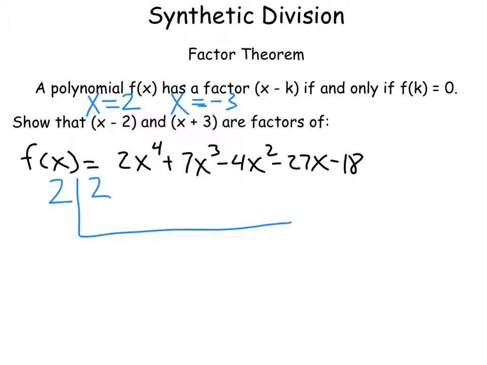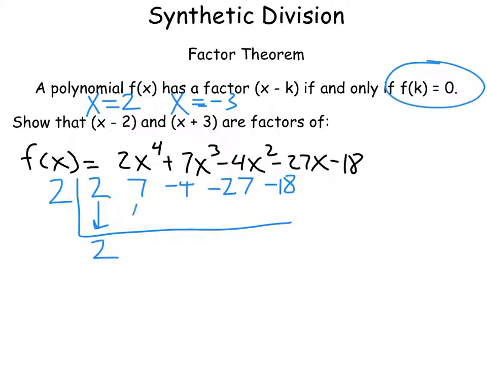Same set of steps as before, a little bit longer here, which is fine. -4, -27, and -18. Now, as we go through the synthetic division, I bet you have an expectation, based on the factor theorem, of what's going to happen as far as our remainder goes.